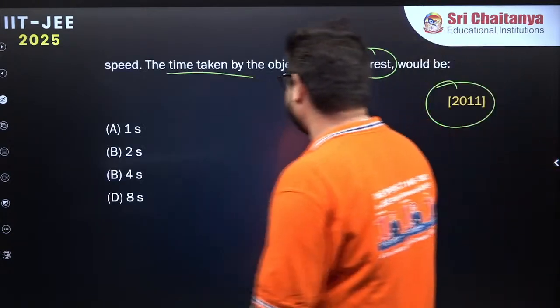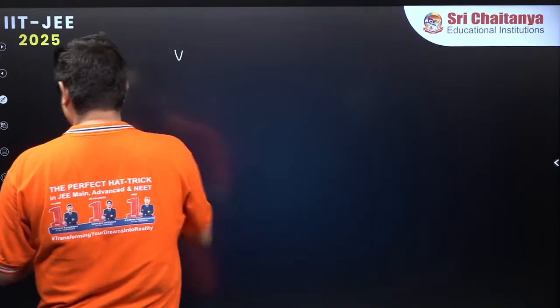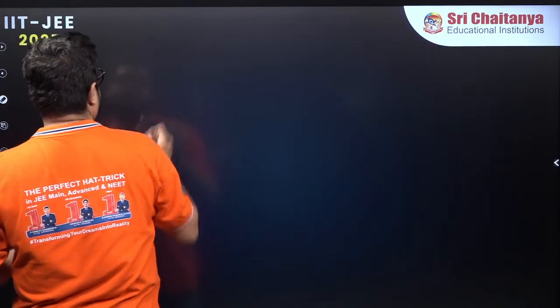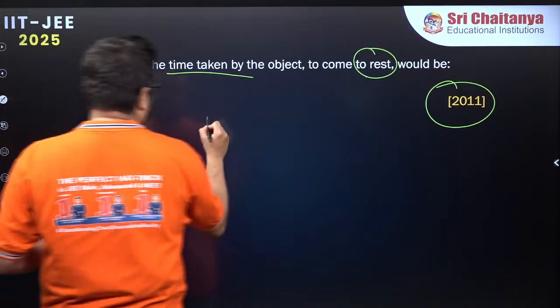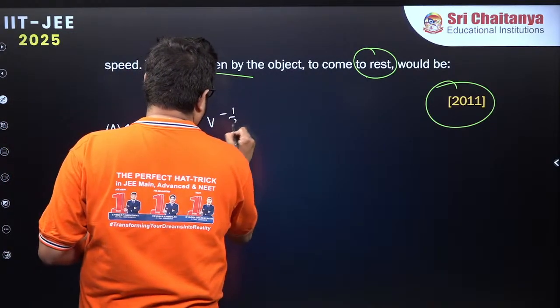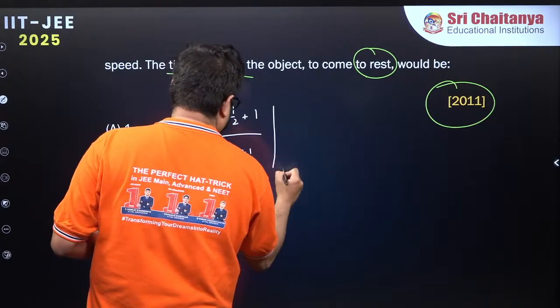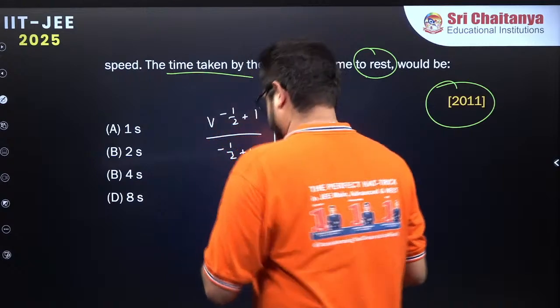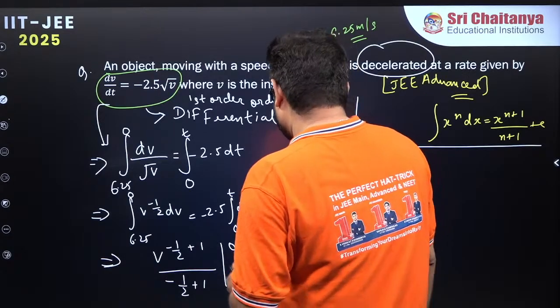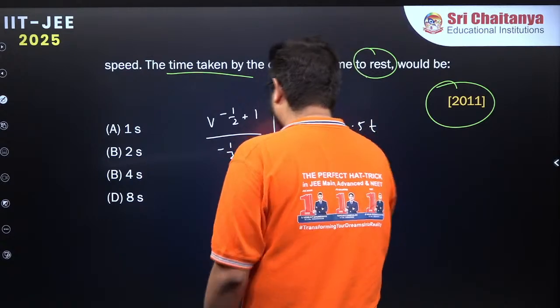So let's come back over there. So it's being given as v to the power, okay. So we can write it down as v to the power minus half plus 1 by minus of half plus 1. It was the limit 6.25 to 0. It was equivalent to what we were getting? Minus of 2.5t, isn't it?